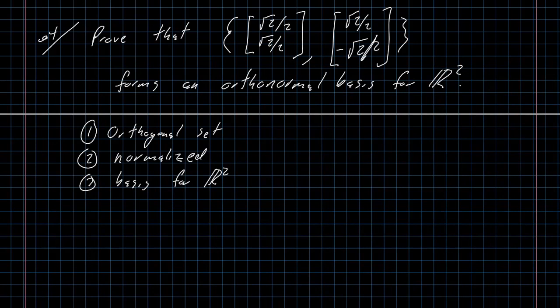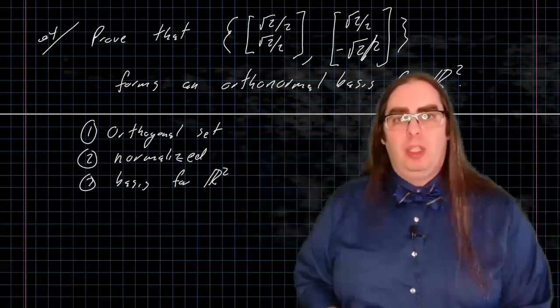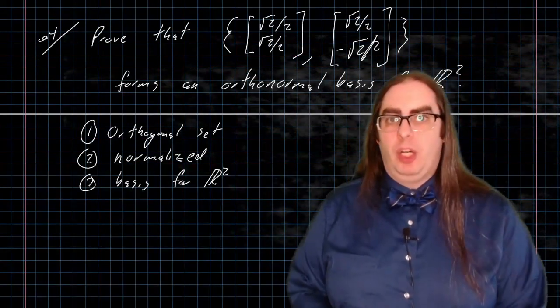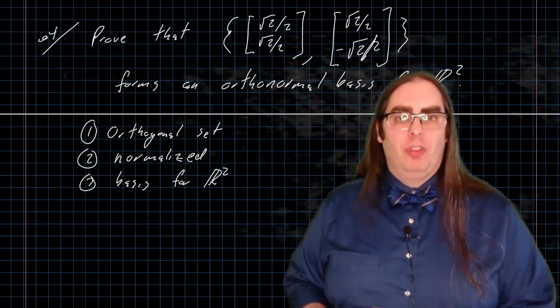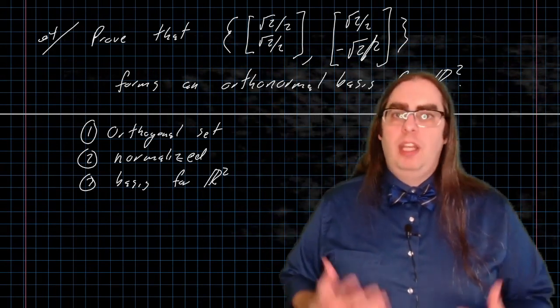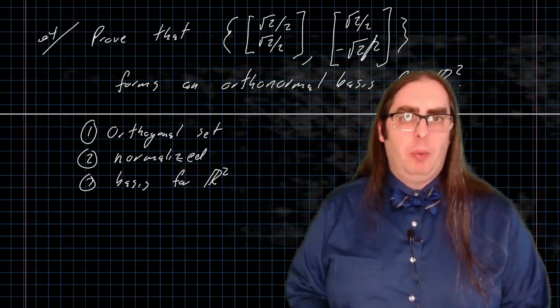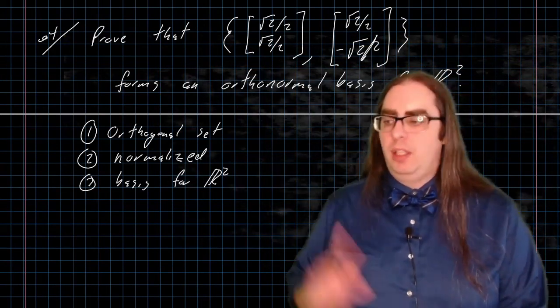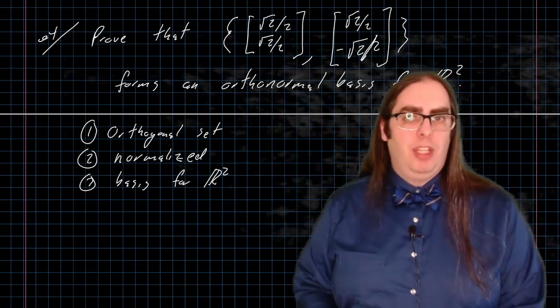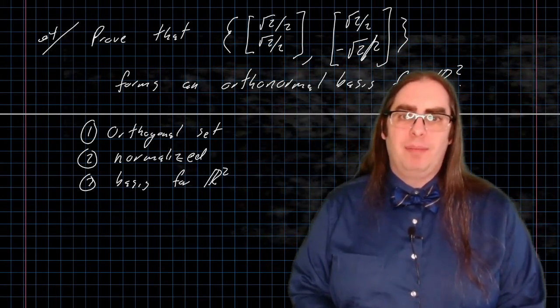And the toughest one, which is also the easiest one, you need to show that this is a basis for R2. I will let you know that there is a really nice, easy theorem we can use on this if you look back at what we talked about when we first defined the basis for a vector space, and the dimension of a vector space. So that's the one thing that you may want to look back on if you don't remember it offhand. The other two parts are things that we just did in this video, so hopefully not that bad. Take a couple of minutes, see what you can do with that, and I'll see you in the next video.